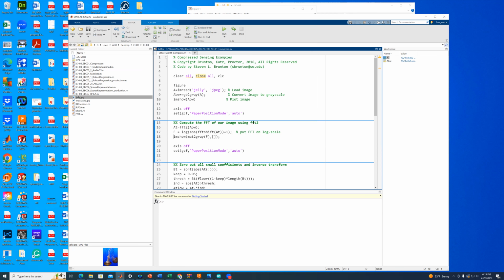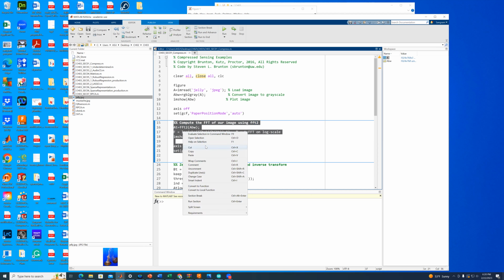That's why we have to use the FFT2 function, not just FFT, that will create the fast Fourier transform on this entire image. So that's why we are using FFT2. Highlight this and run.